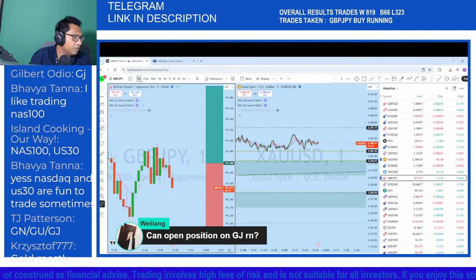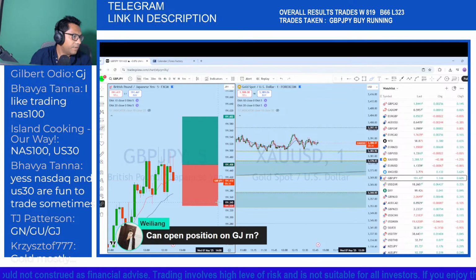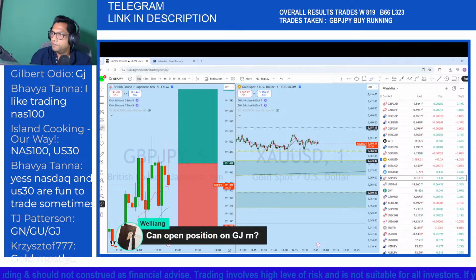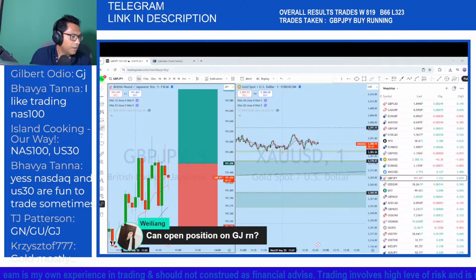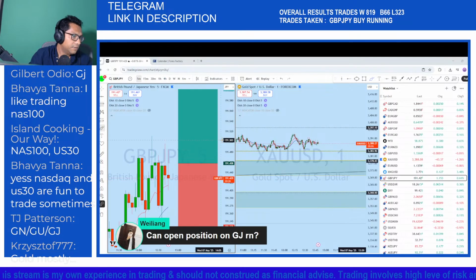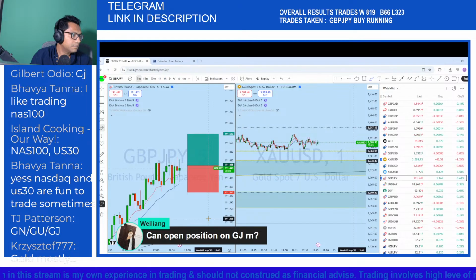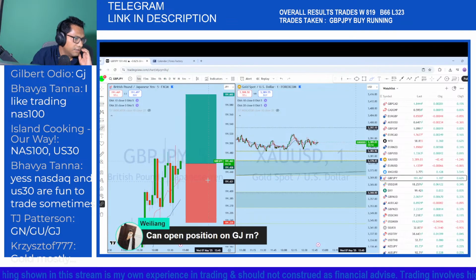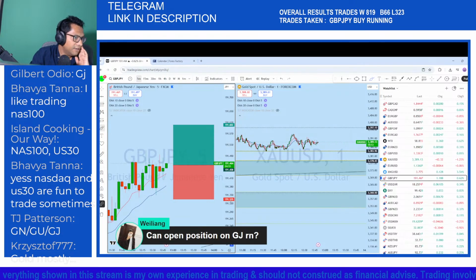So here we see that on the 5 minutes, the 5-minute candle closing on GBP JPY is from a doji, and before we'd like to see closing as a bull candle, which closed as a bull candle, and we may see that upside.